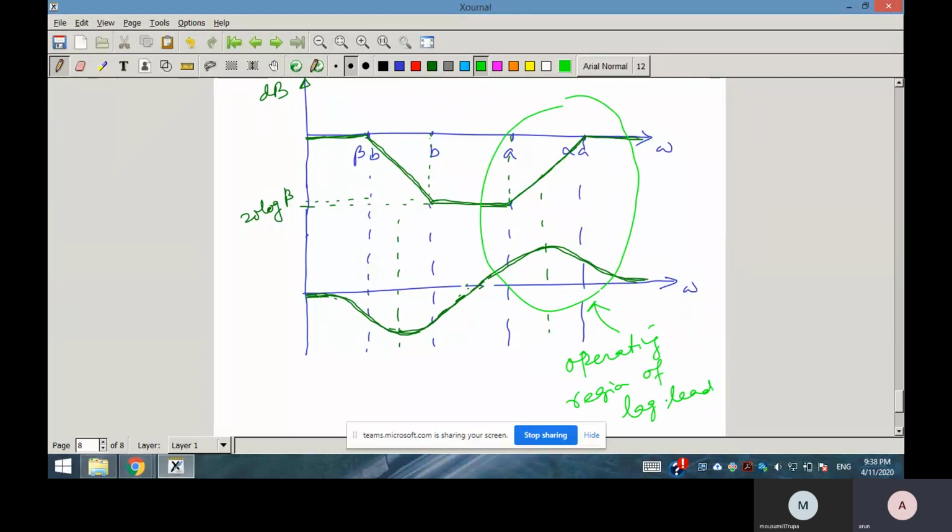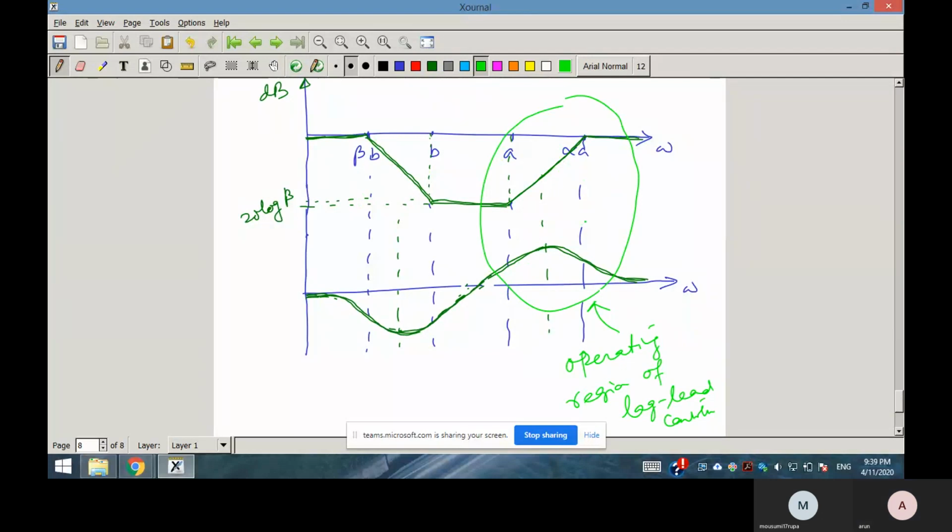Now if lead is first and then lag, what will happen? At that time, what combination will you get?